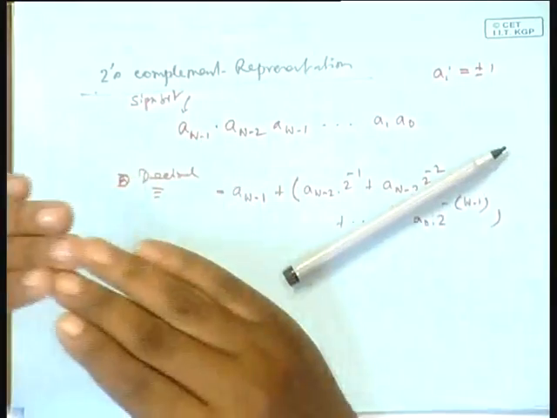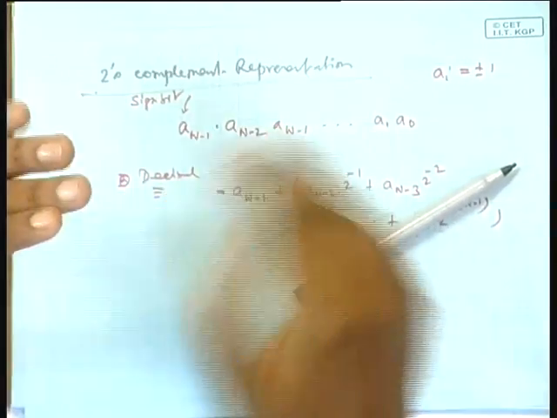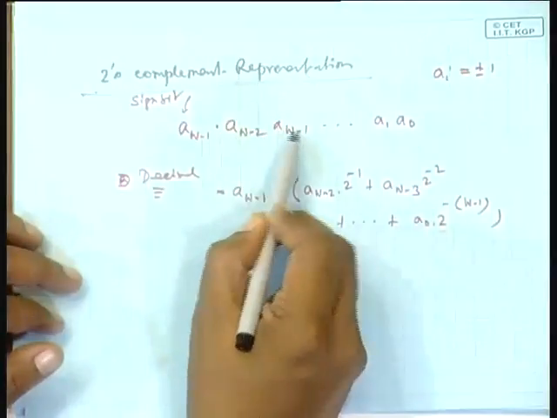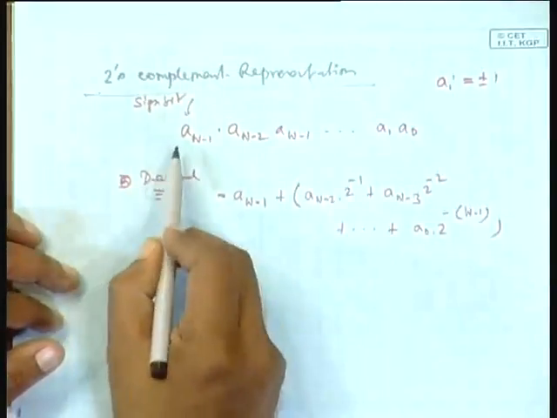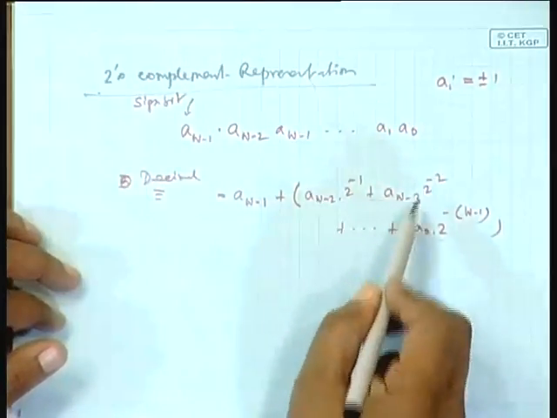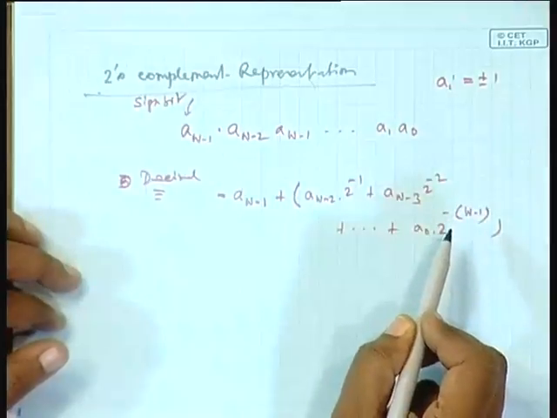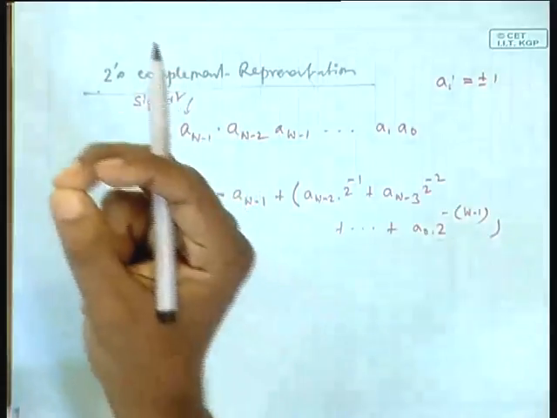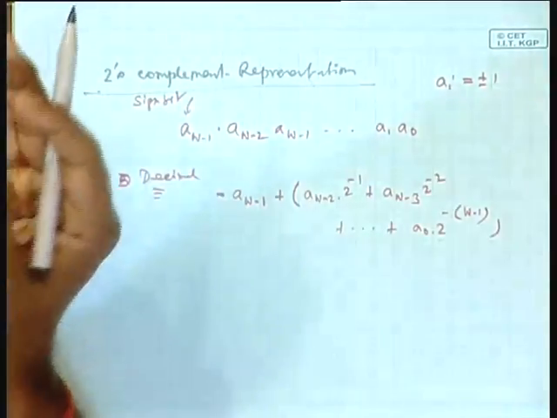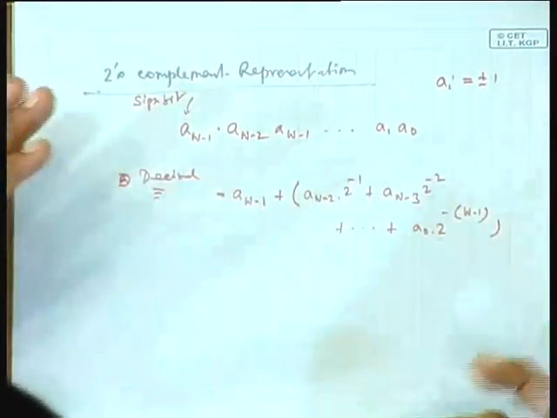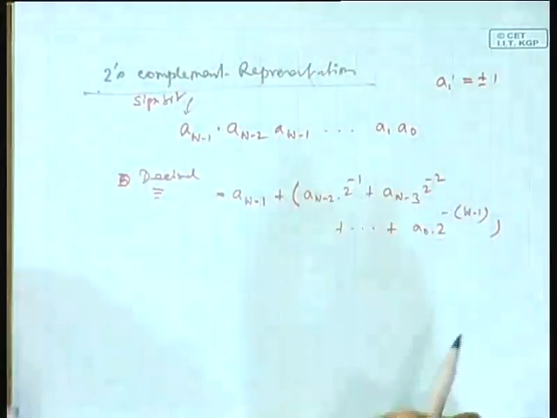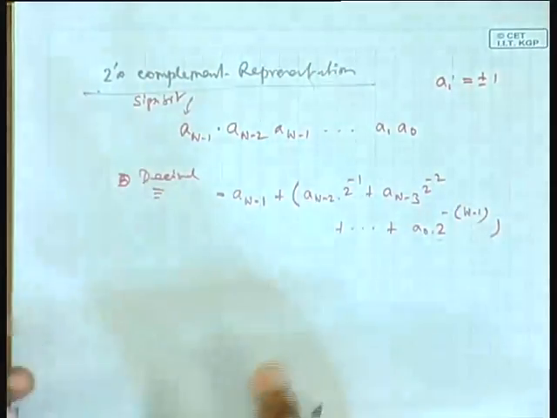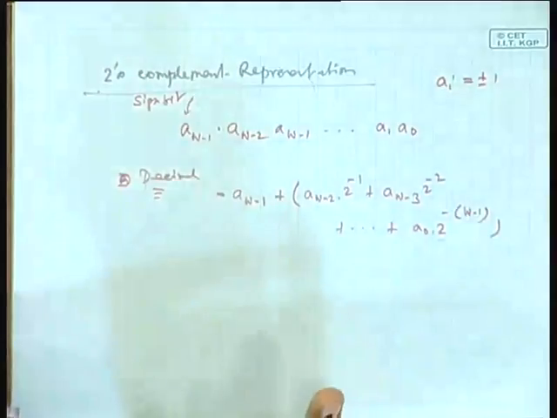From -1 it will start coming down, and finally a stage will come when all are ones. So -1 plus 1 times this, 1 times this, and so on. We will get a negative number with very small magnitude. Those are the negative numbers that will be covered by this representation.